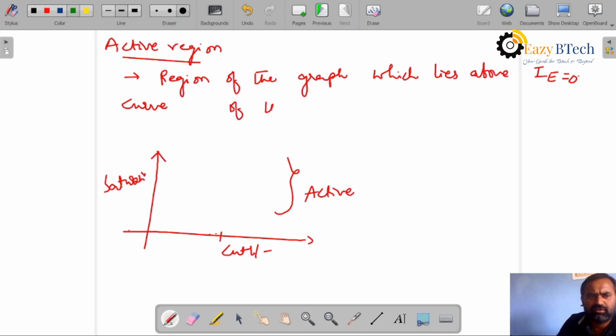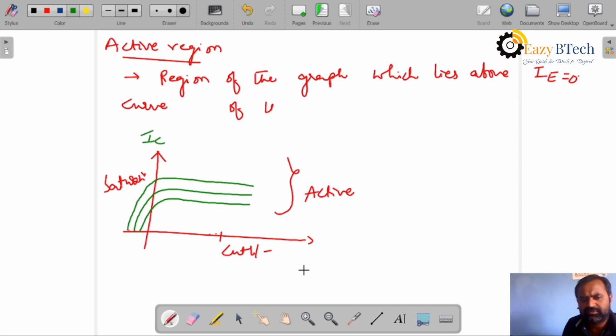If you draw the graph, IC versus VCB, you can see this constant. Up to here the current increases, that we call saturation.